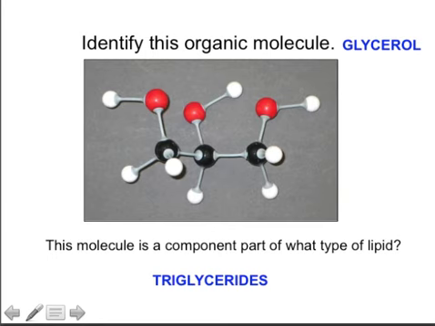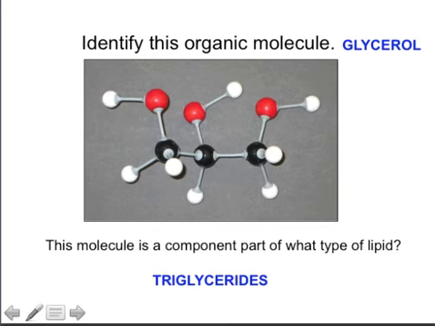Now, a triglyceride is what happens when you condense three fatty acids onto each of these hydroxyl groups, and you form an ester bond like we showed you earlier between three distinct fatty acids. Now we'll see what a fatty acid looks like in just a minute, but keep this backbone in mind when we get to the slide on triglycerides.